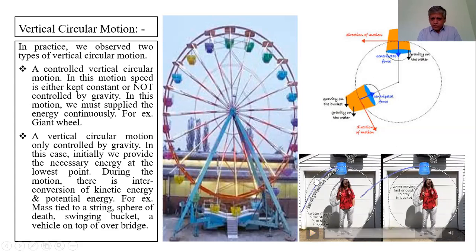In the second case, when the water-containing bucket moves slower than the critical speed, the path of the water is like this.